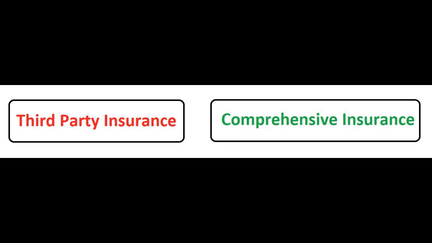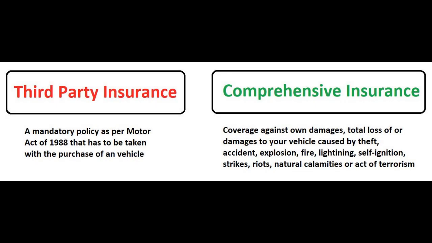Now let's start with the types of insurance. So we have basically two types of insurance available. There is a third party insurance and comprehensive insurance. Now let's start with the definition of a third party insurance. Third party insurance is a mandatory policy as per the Motor Vehicle Act of 1988.